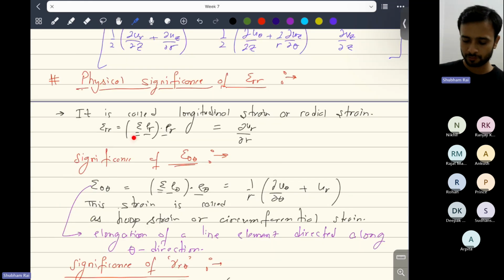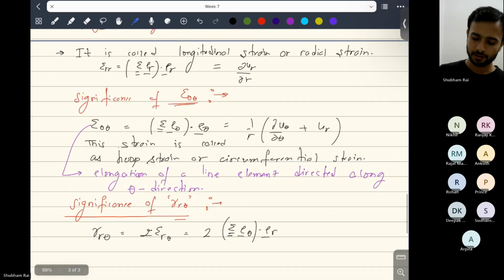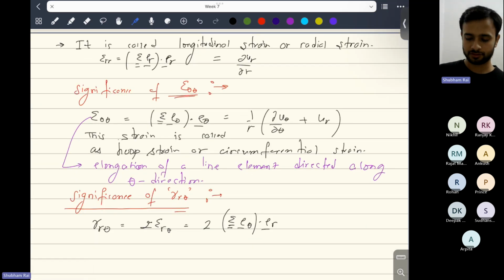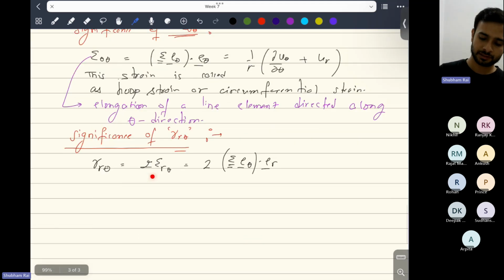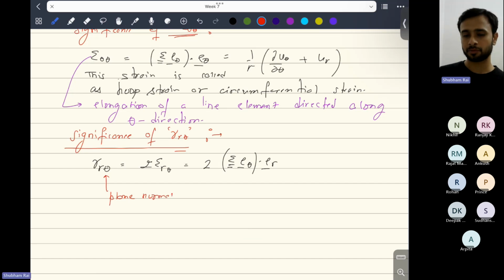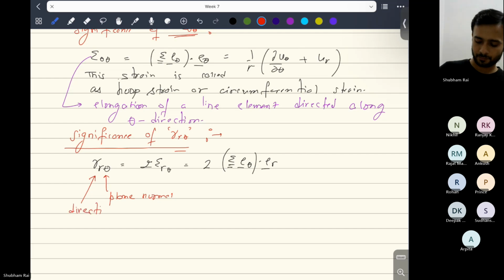So here also it will be a vector in the r plane and its projection along the r direction. Similarly, this will be some vector on the theta plane and its projection along the theta direction. Obviously the second index denotes the plane normal, because the column number, or second index, denotes the plane normal, and the first denotes the direction.